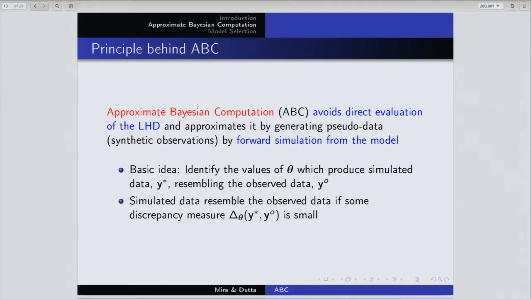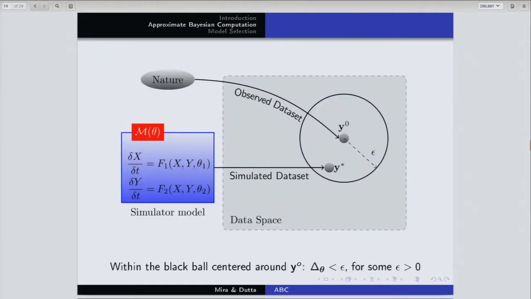And we do that because the intuition is that those values of theta that have generated pseudo data close to the observed data might have also generated the real data. And indeed, they form an approximation to the posterior distribution.